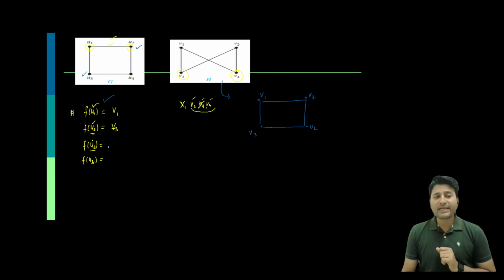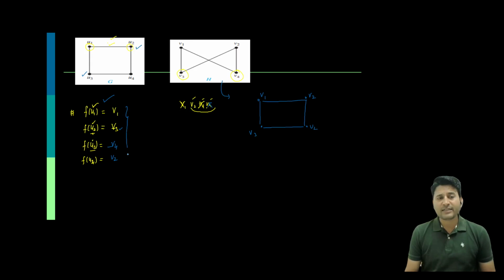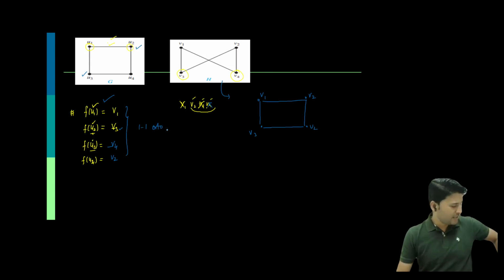So over here, I will put that vertex which is not connected to their images. Out of V2 and V4, V4 is not connected to V3, so this is your V4. V4 done, what is left? V2 done. So this is your one-one onto function.